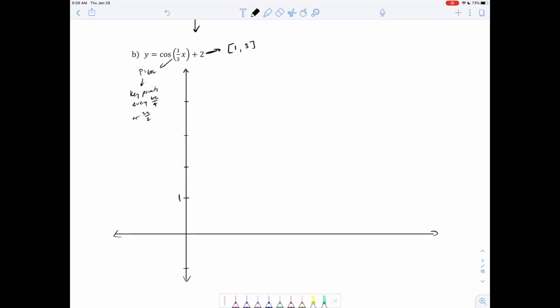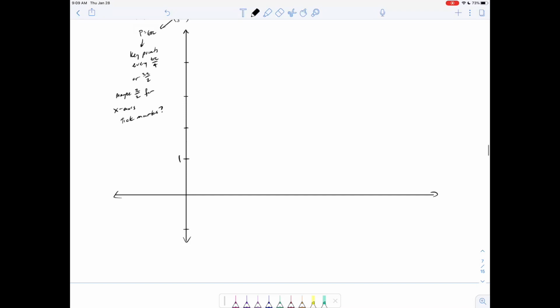So for scale, I could indicate things just every 3 pi over 2, or I could just go with pi over 2's. Maybe. It's not necessarily the best, but we'll try it.